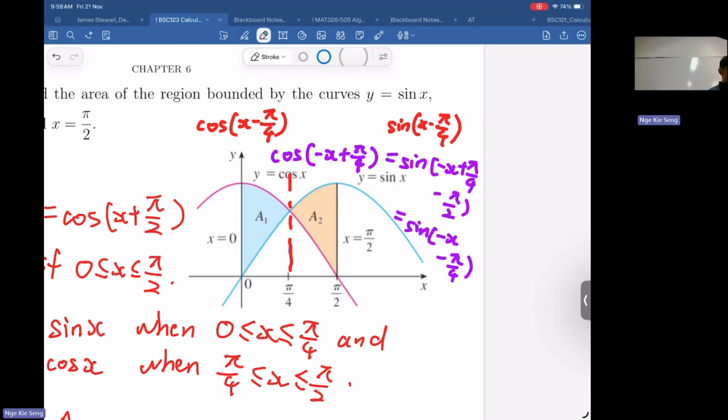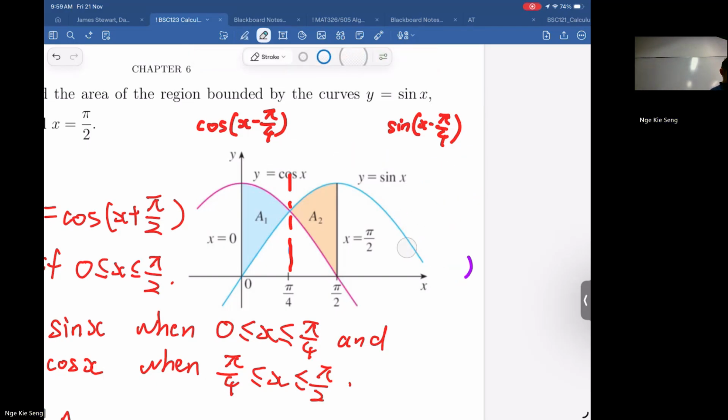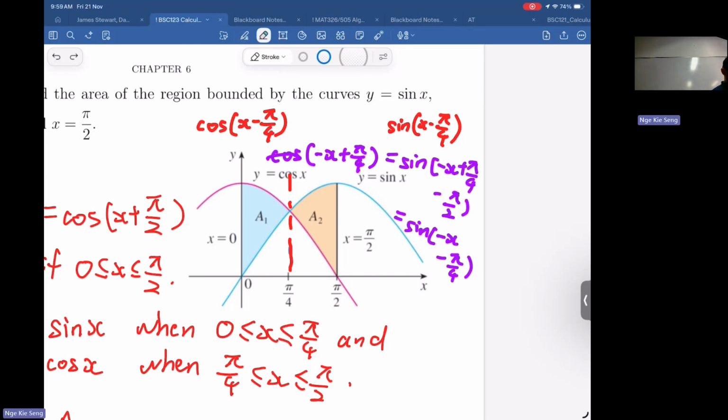Okay, so how do we figure out this? Okay, let me think. I think we shouldn't do this cosine thing.